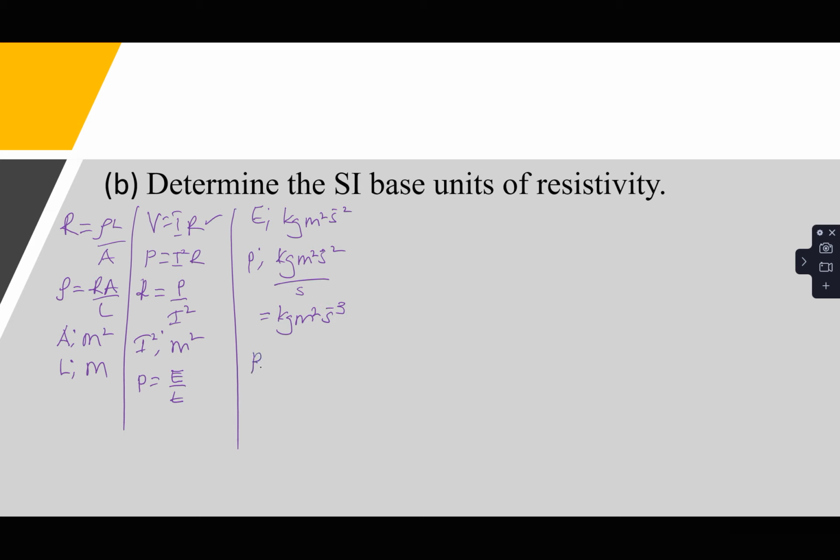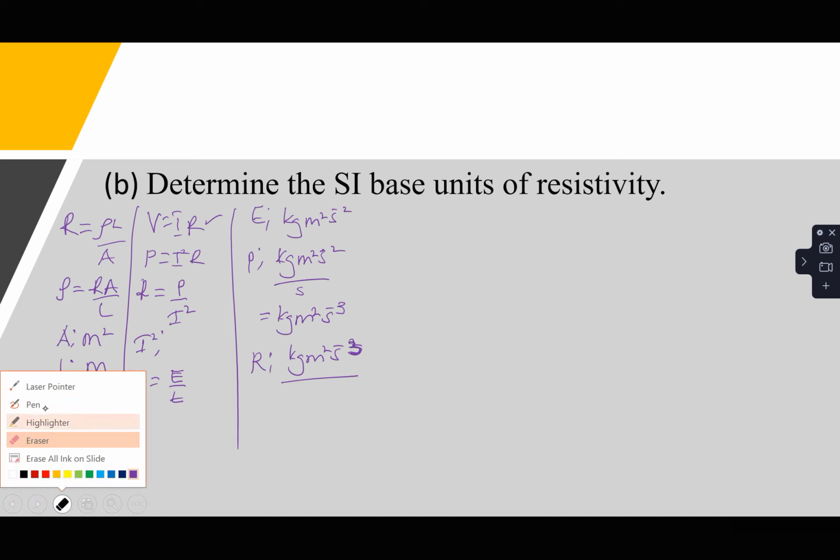That means the base units of resistance will be equal to power, which is kilogram meters squared s power negative 3, divided by current. How did I put current as meters squared? Sorry.